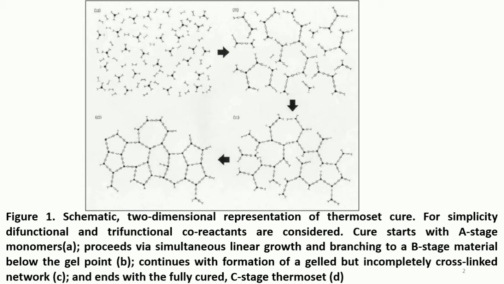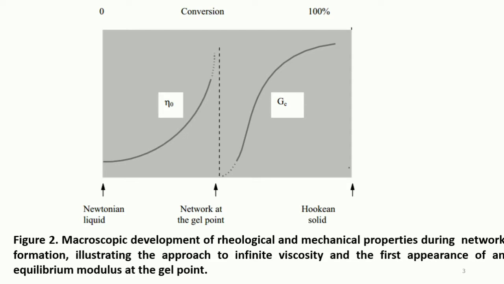Macroscopically, the thermoset cure can be characterized by an increase in viscosity as shown in this figure 2. As the reaction proceeds from B to C, the increase in molecular weight accelerates and all the chains become linked together at the gel point into a network of infinite molecular weight.